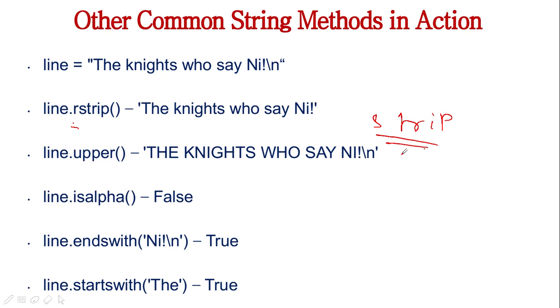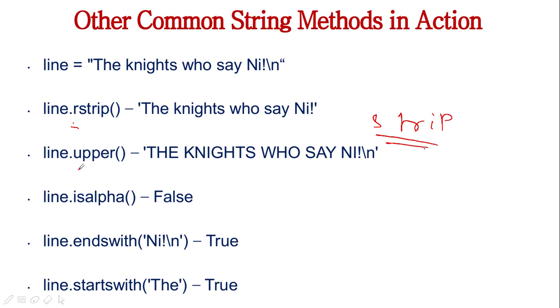If there are excessive white spaces, tab characters, or new line characters, you can strip them using the strip function. Strip will remove white spaces present on either end of the string. If you want to remove only on the left side, use lstrip. Only on the right side, we can use rstrip.